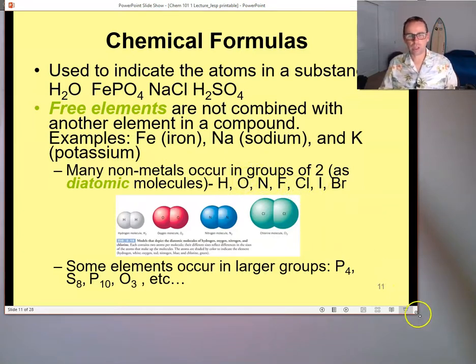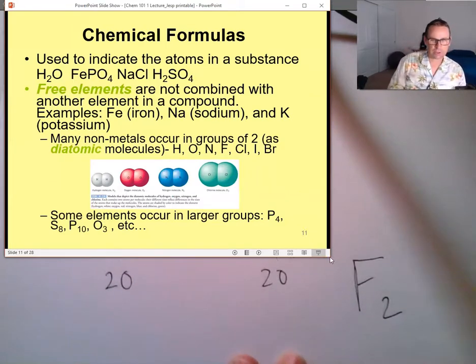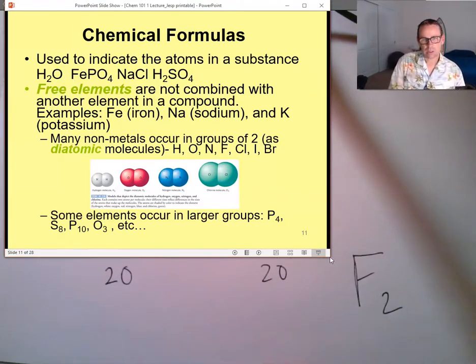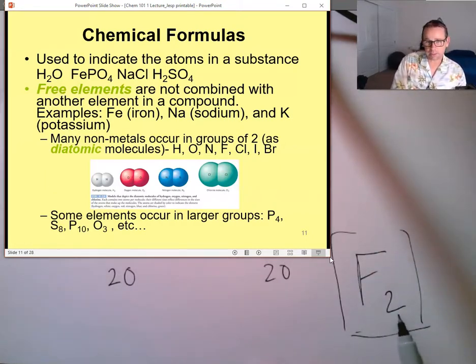They'll either write it down for us, something like F2. The only thing we want to recognize is this is still an element, even though there's 2 fluorines. There's just one kind of atom there.